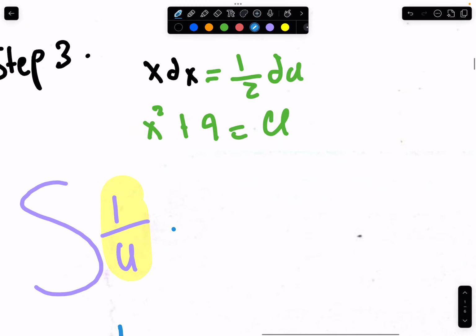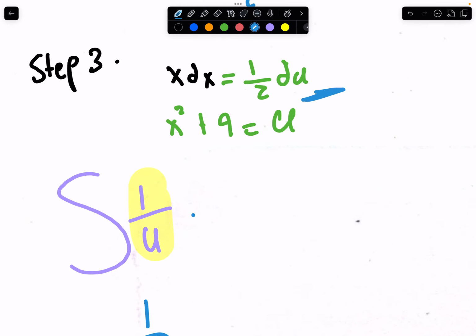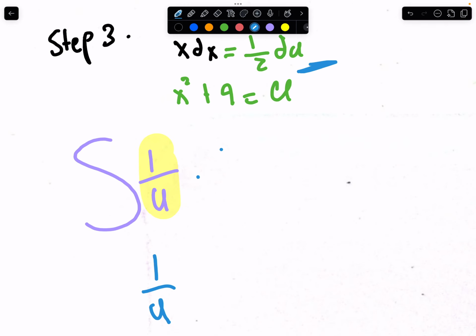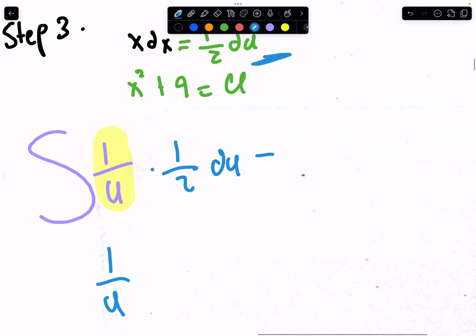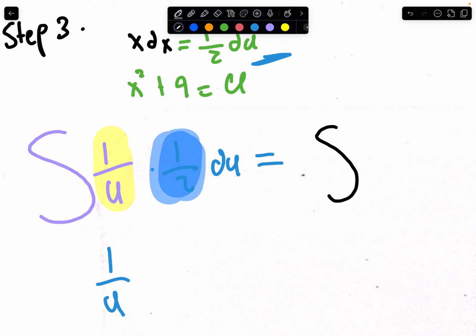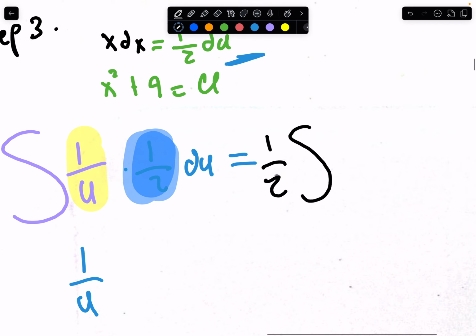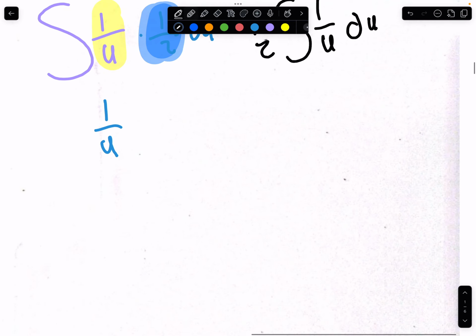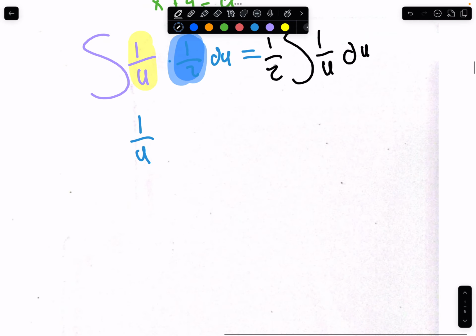Now to substitute these into the equation, we multiply it by half du. Anything that is a constant, a number, it can be 2, 3, 4, 100, we take it out of the integral. Half du.